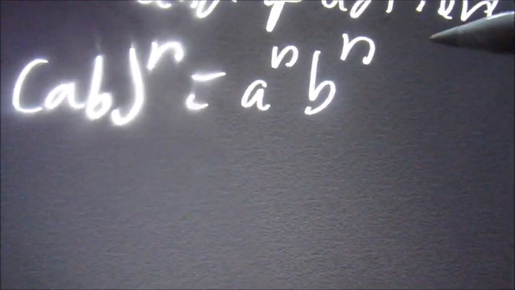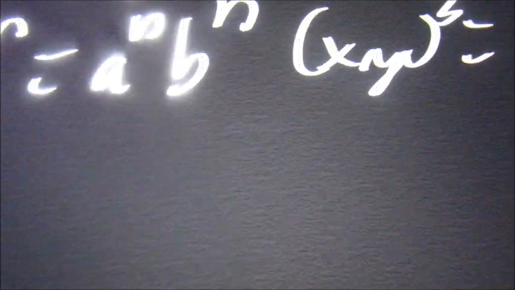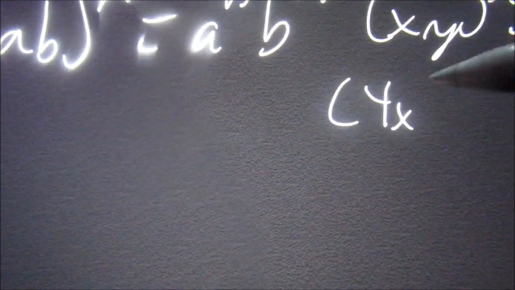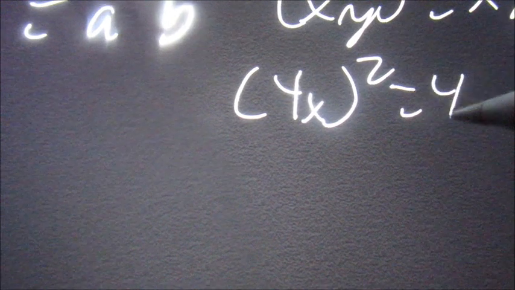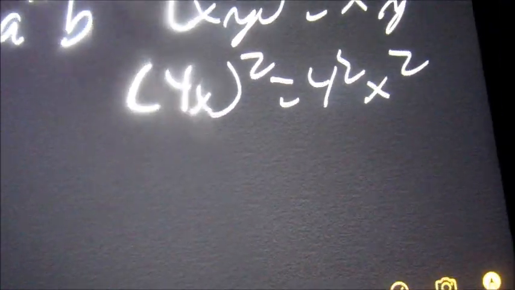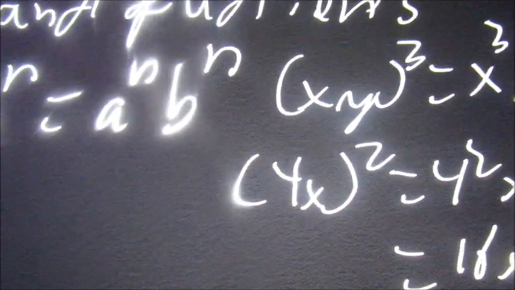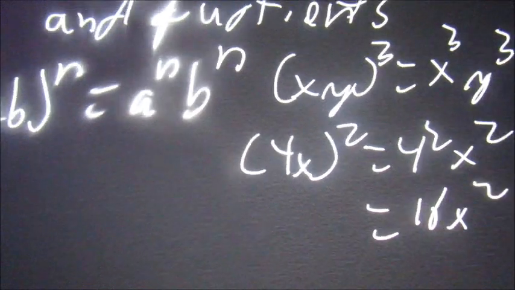So as an example, xy raised to the 3, that's going to be x to the 3, y to the 3. One with numbers, 4x, the whole thing squared, it's going to be 4 squared times x squared, which is 16x squared. So you have to square or use the power on everything that's inside there.